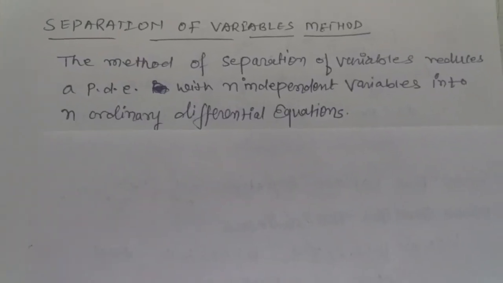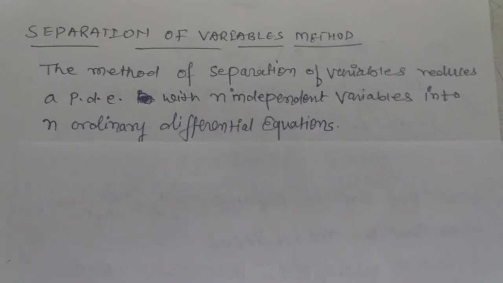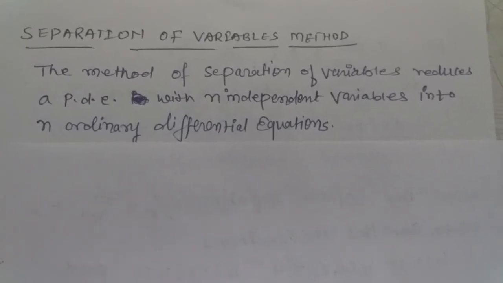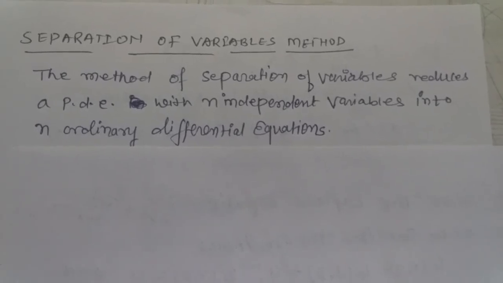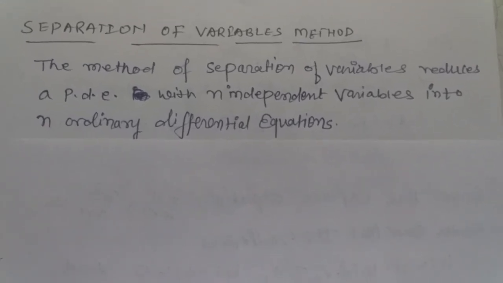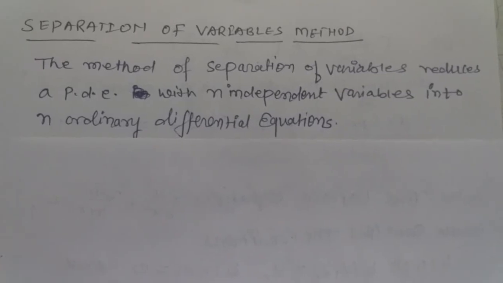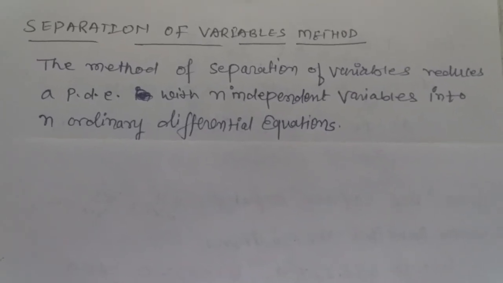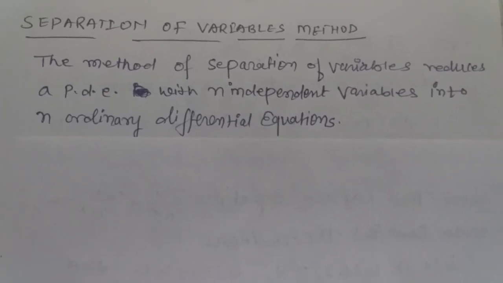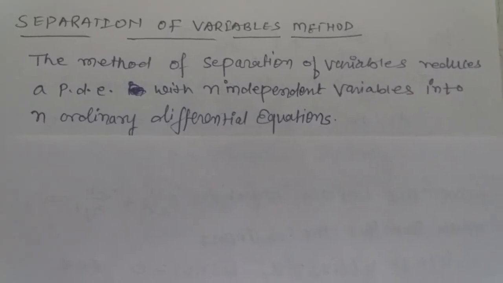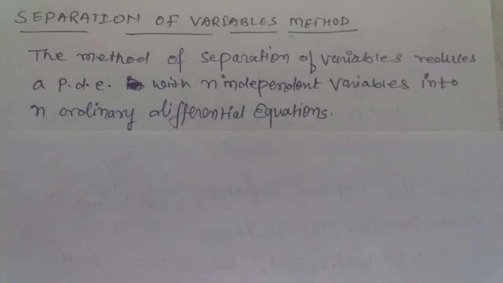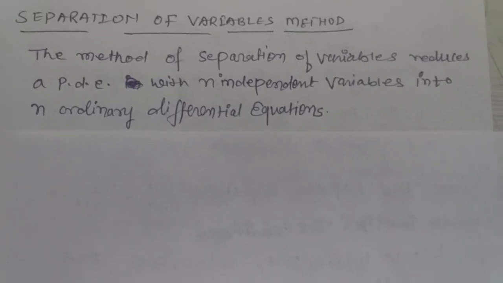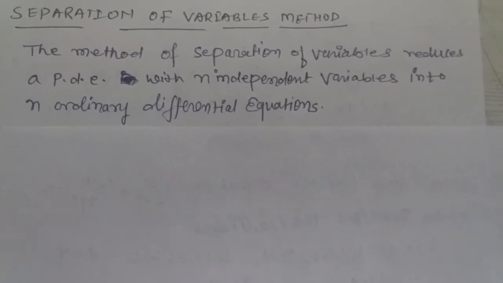In this method we reduce the given partial differential equation into a number of ordinary differential equations, and that number is equal to the number of independent variables. That is, if the given equation contains n independent variables, then we reduce the given PDE into n ordinary differential equations, and then we solve the ordinary differential equations, which is comparatively easy.